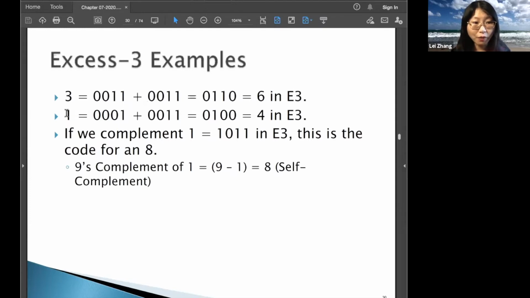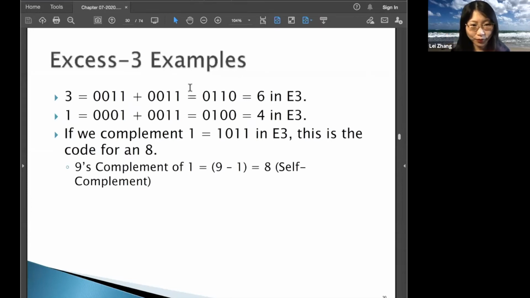So if it's value 1, the BCD code is 0001 plus 0011 to generate this E3, we have 0100, so 4 in E3. This value is the E3 form to represent the BCD code of 1.